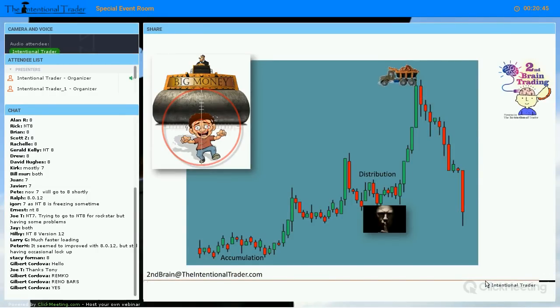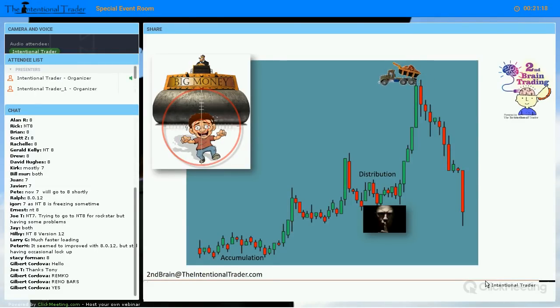So then they back up the truck and they unload all of the rest of their available assets that they have in this market. So suddenly the supply of all of the available assets for this market gets overwhelmed and overwhelms demand.